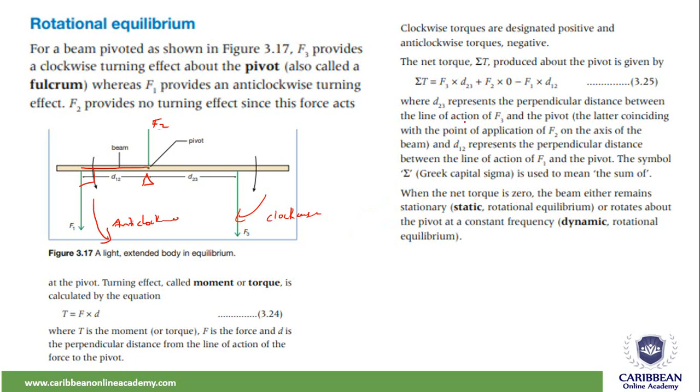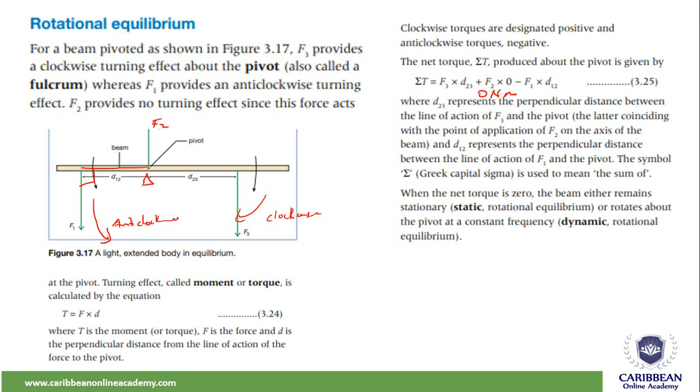If after adding and subtracting these moments the net torque is equal to 0, then it tells us that the thing is stationary. At that point, we have what we call static rotational equilibrium. You understand? Because it's not moving, but we're dealing with rotational equilibrium, so we refer to it as static rotational equilibrium.